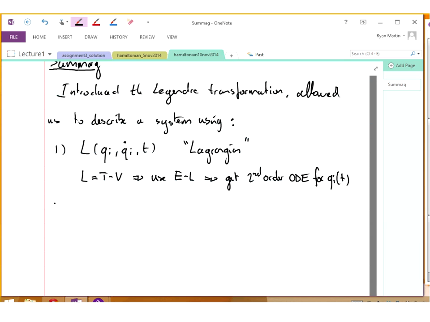And the second option we found, using the Legendre transform, is that we could define this new function H to be the Legendre transform given by the sum of i equals 1 to n of p_i q_i dot minus L. And that thing was called the Hamiltonian.